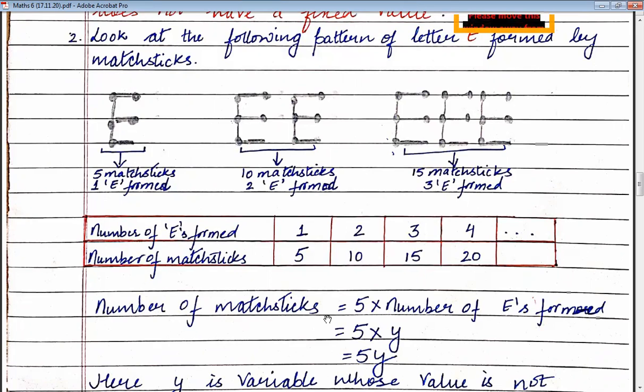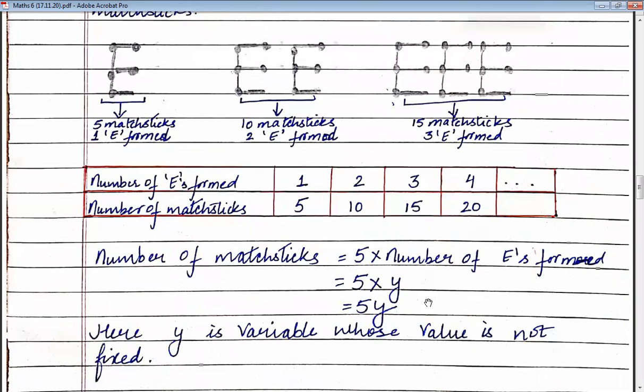So it means the number of matchsticks required will be equal to 5 times the number of Es formed. So children, if we want to find Y number of Es, means Y times E, then how many matchsticks do we need? We need 5 times Y, which becomes 5Y. So here Y is a variable whose value is not fixed.